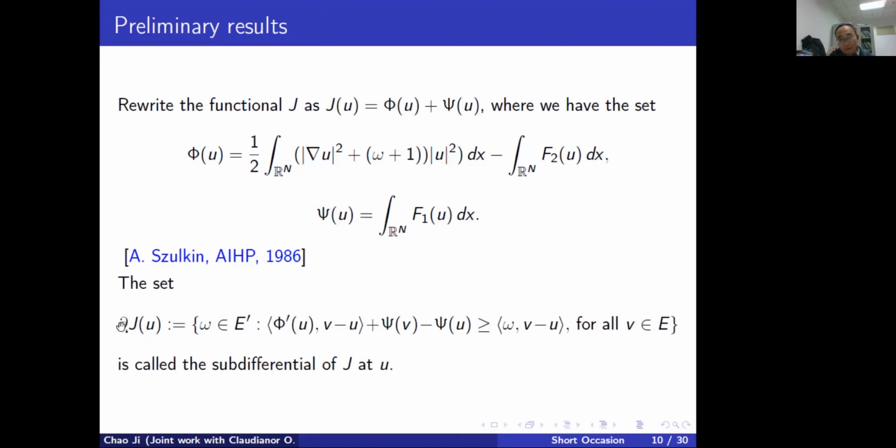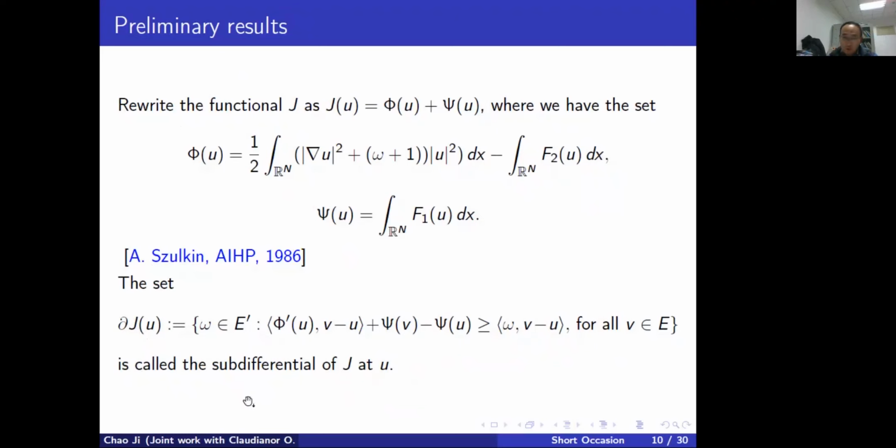This is the subdifferential, partial g of u, equal to this set. It's called the differential of g at u. For our problem, it's lucky: if g of u is finite, this set is not empty, and there is only one element.